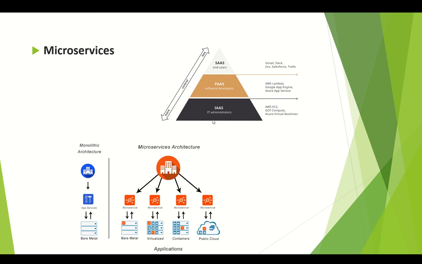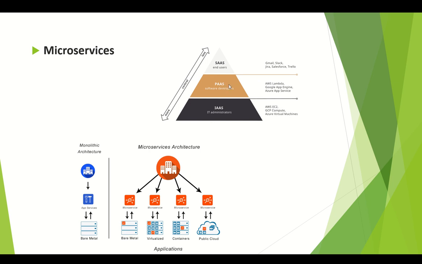If you see here, IaaS, infrastructure as service, PaaS, platform as service, and SaaS, software as service. These are all some differentiation, where in this layer you're able to see Azure virtual machines, Google Cloud Compute, AWS EC2.